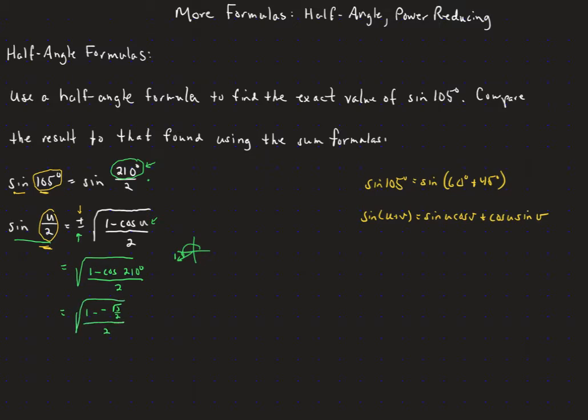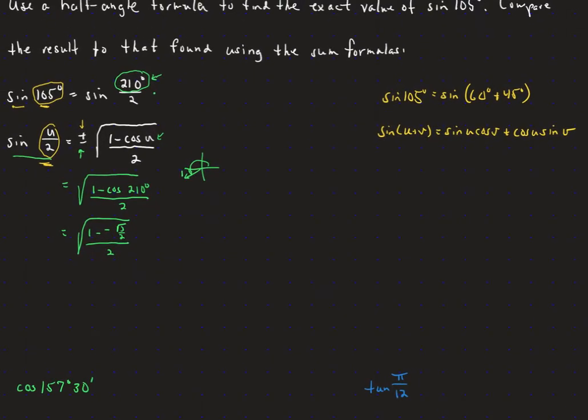Okay, now we're going to have to do some pretty serious algebra here. So we are going to get a common denominator. So that's going to be 2 over 2 plus the square root of 3 over 2, all in the radical. So that's going to be 2 plus square root of 3 all over 2.